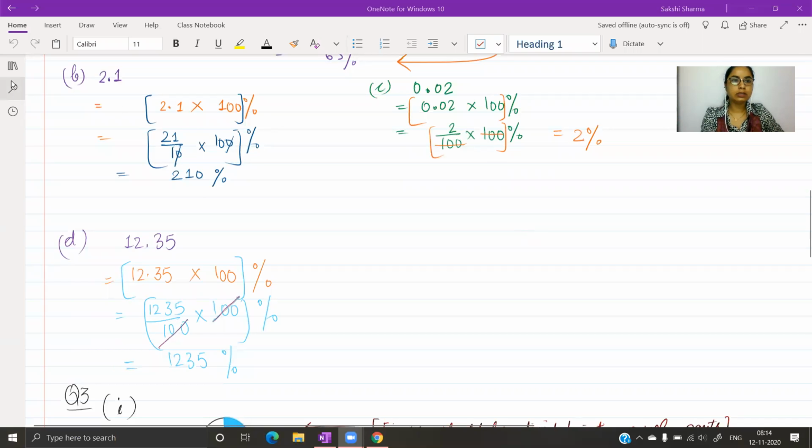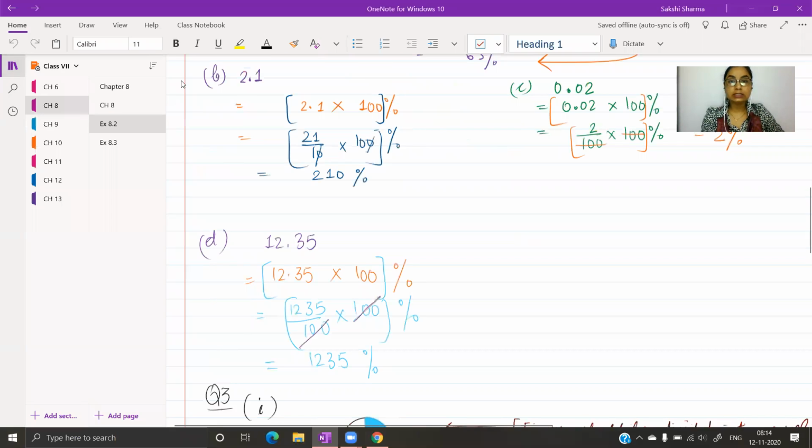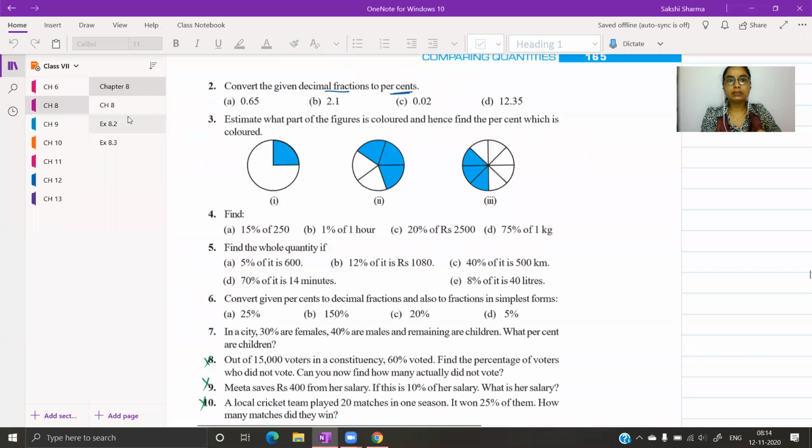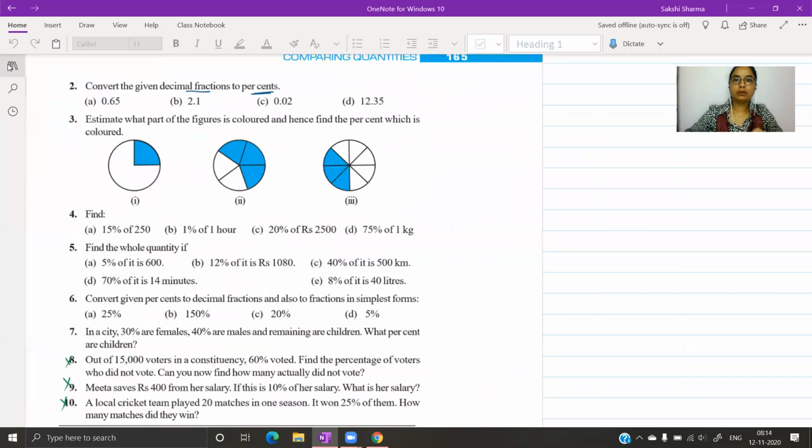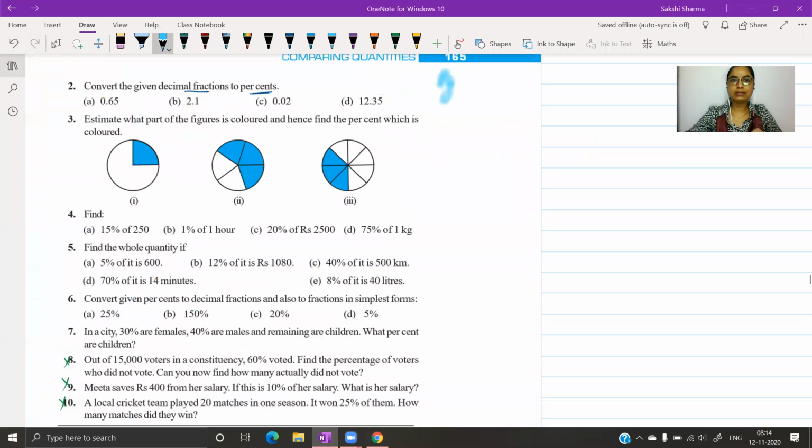Let's take a look. Page 165 in your books. This is question number 3. We are on page number 165. Question number 3, you have to estimate what part of the figures is colored and hence find the percent which is colored.